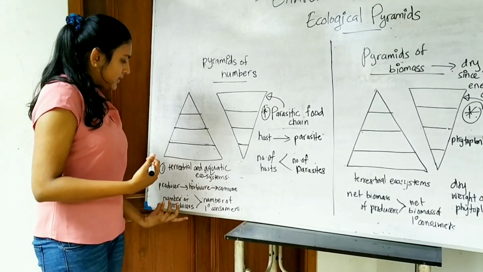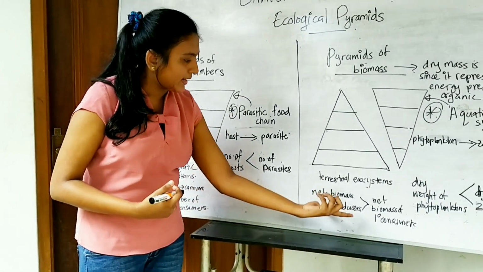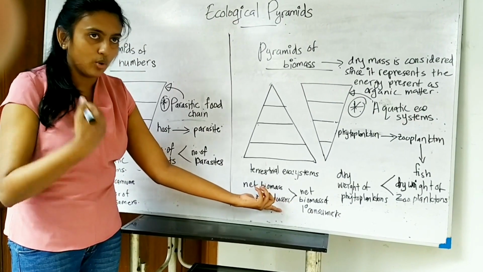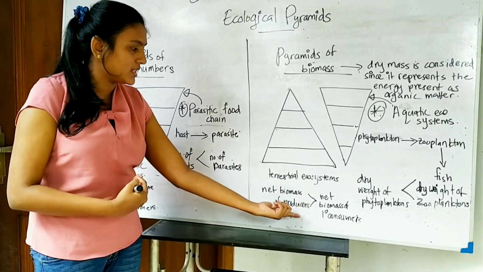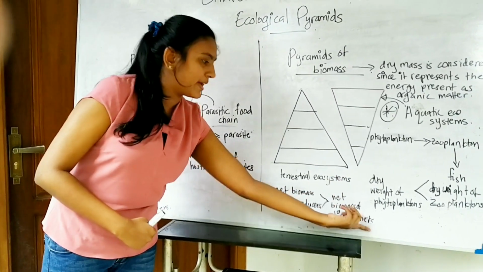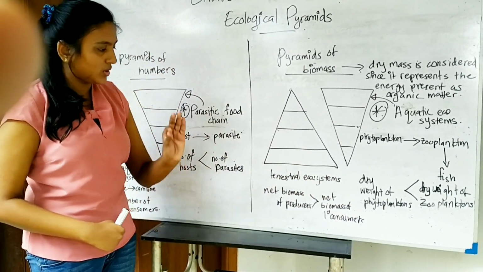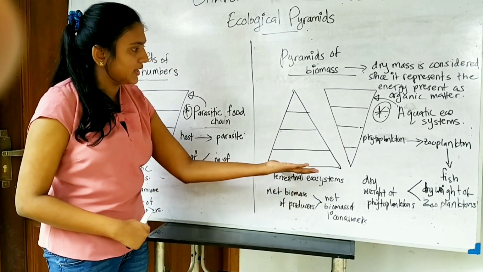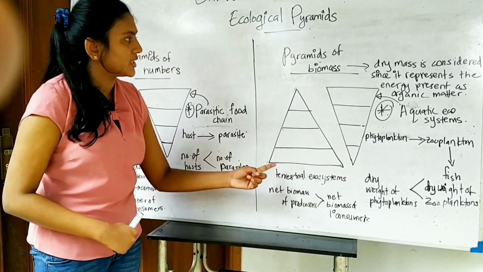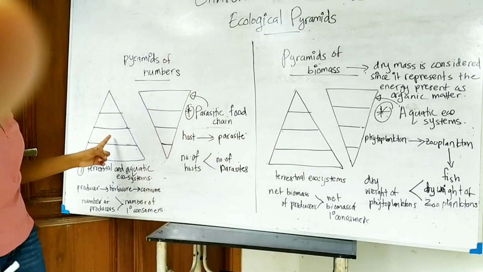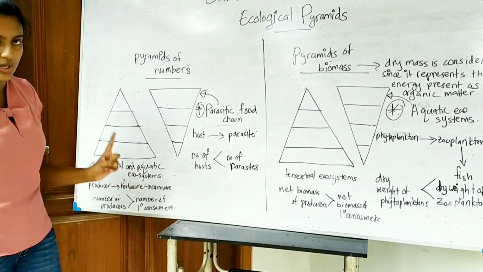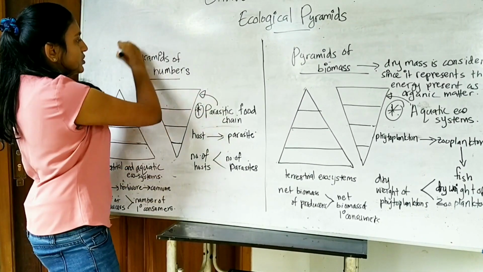So here also the net biomass of the producers is normally greater than the net biomass of the primary consumers. Therefore, in terrestrial ecosystems, pyramids of biomass and pyramids of numbers take an upright shape.